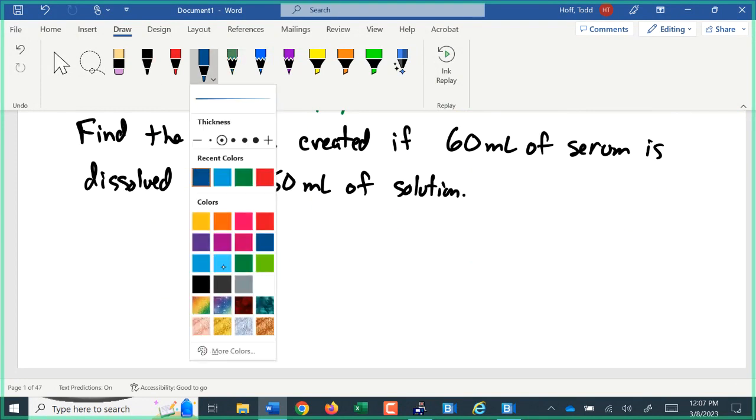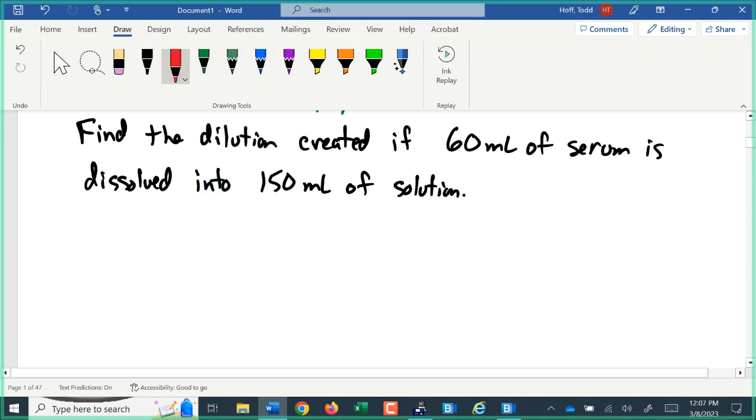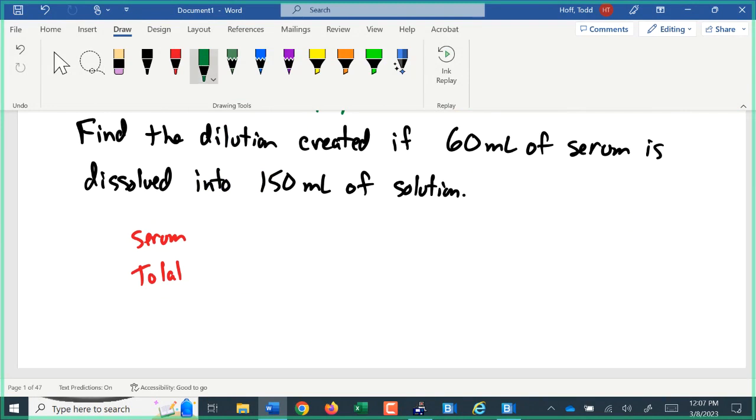So this one's pretty straightforward. Our serum to total is the dilution. Well, the amount of serum we have is the 60 milliliters. Total solution is the 150 milliliters.